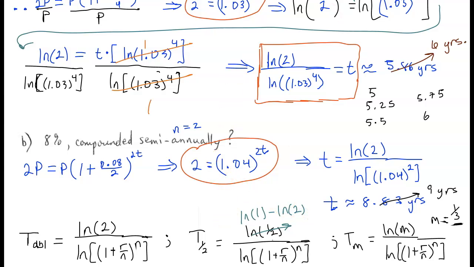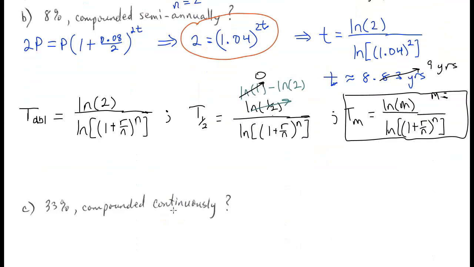And we know that natural log of 1 is just simply 0. So that's how we got the minus natural log of 2 there. So the general formula here for being able to figure out situations like what we've been asked is to just remember this particular formula here, and that will cut to the chase and get what you're looking for.